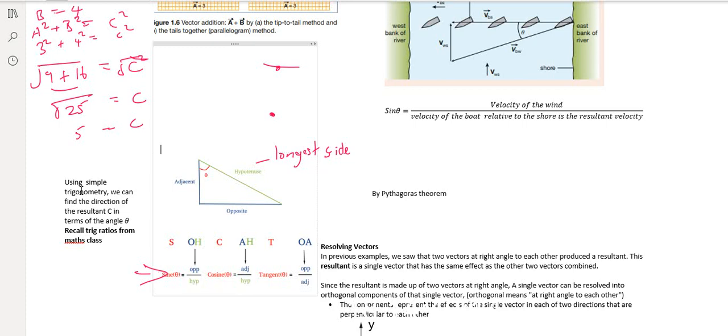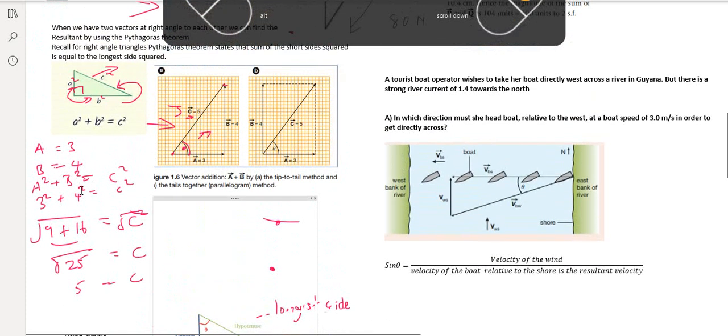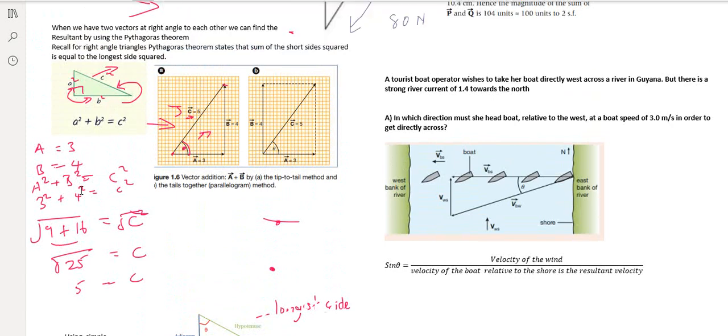Now, let's see if we can look back at this example. When we look here, we realize that our angle is at this point. We know that this is our hypotenuse.